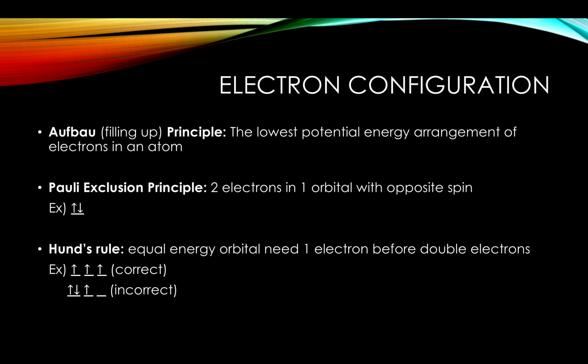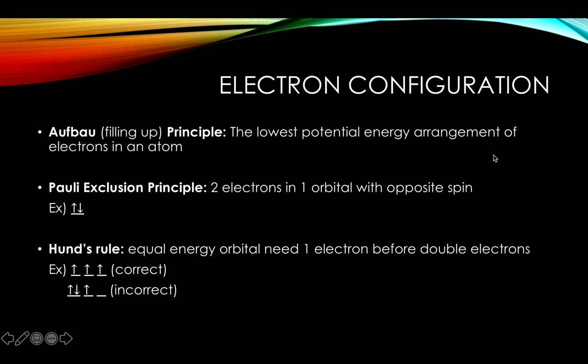Another rule is called Hund's rule, which is that equal energy orbitals need one electron before double electrons. This basically means that, as an example, if it has three lines or three orbitals or sublevels, where it's asking you to put three electrons, a correct way to do so is that each electron must be placed in each orbital, like shown below.